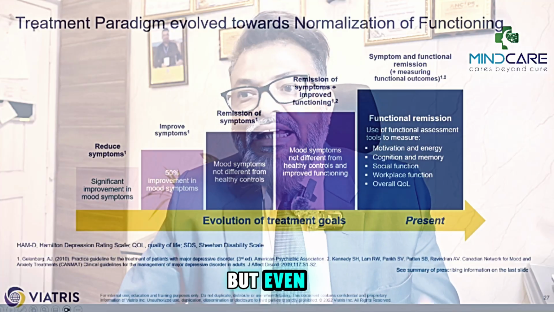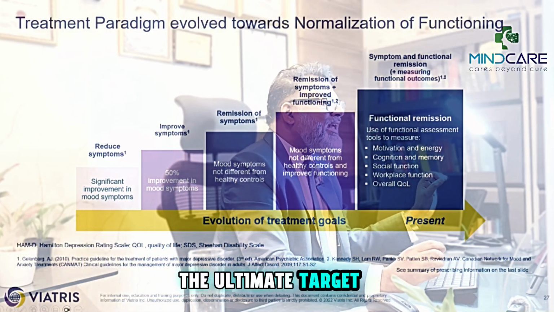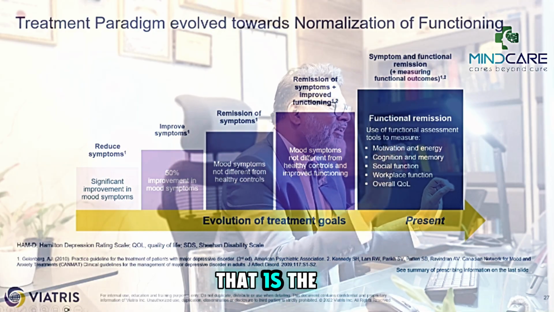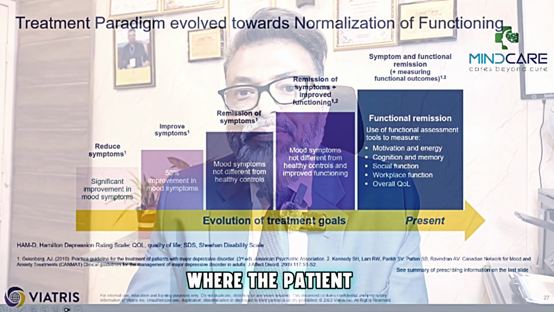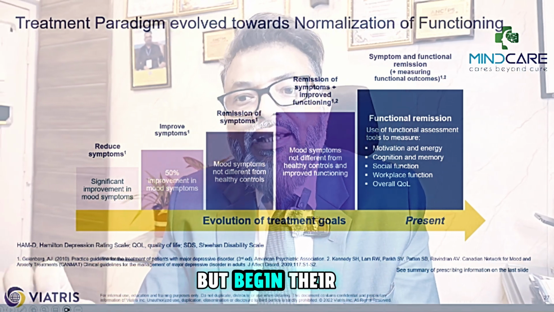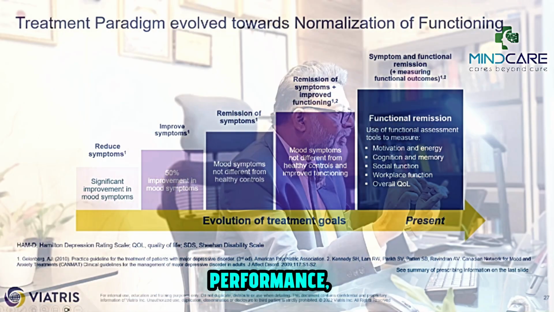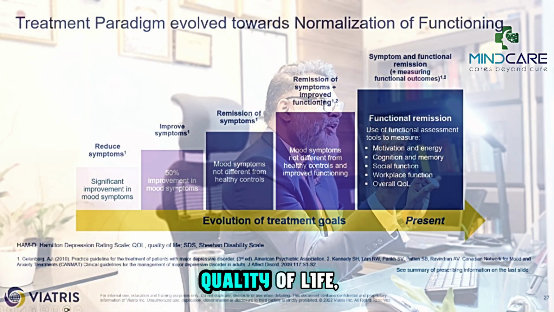But even remission is no longer enough. The ultimate target is functional remission, that is, the functional capability of the patient, where the patient not only feels better but regains motivation, cognitive performance, productivity, social connectedness, and overall quality of life.